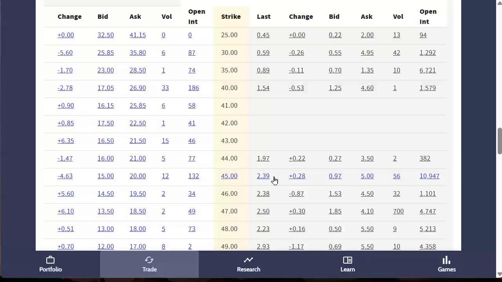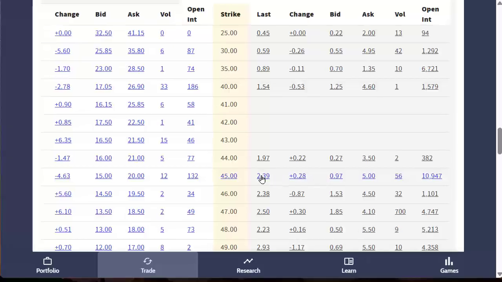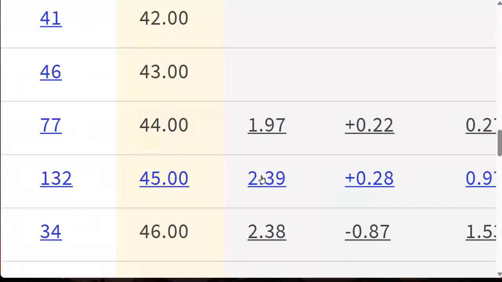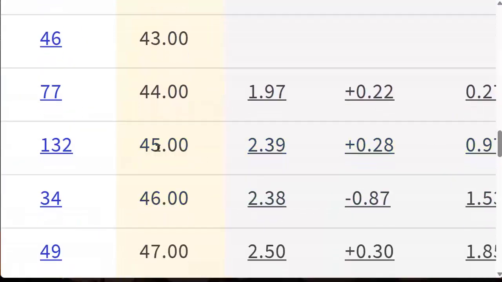Now, when you're making an options contract, you can't do one share. It's got to be 100 shares. So you multiply this by 100, that would be $239 approximately. And that was up a little bit yesterday, 28 cents. So we're going to select right here. I'm going to zoom in on that so we can see. Again, we're at the $45 strike price.